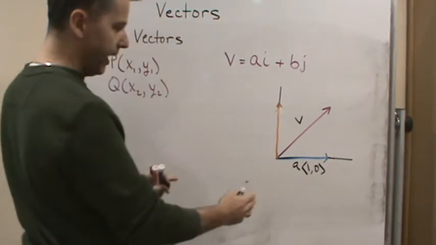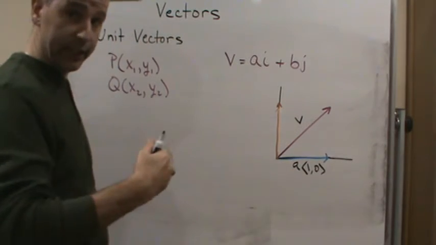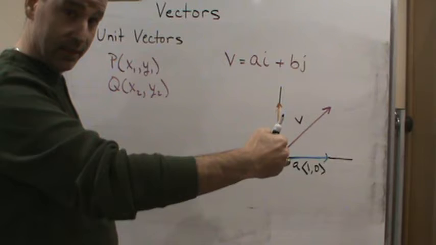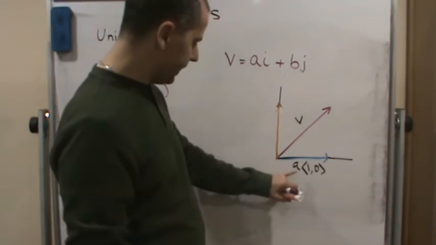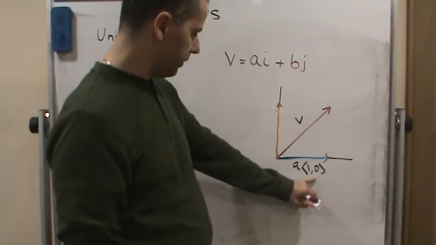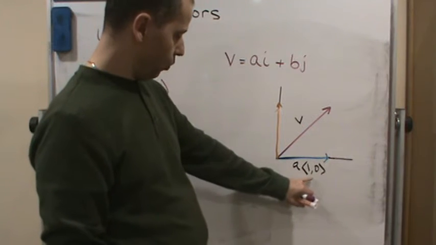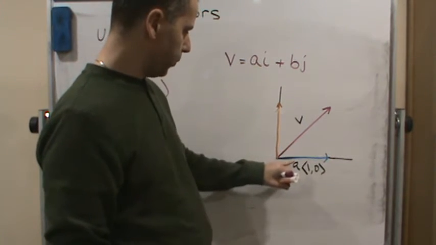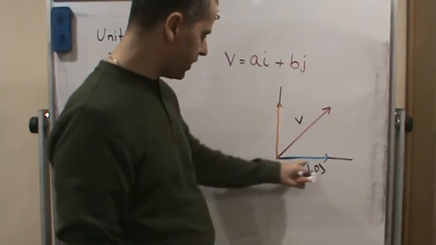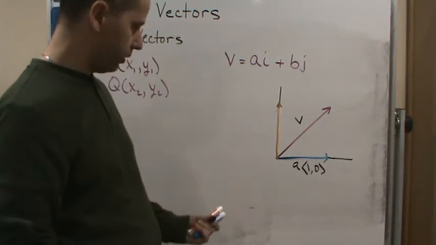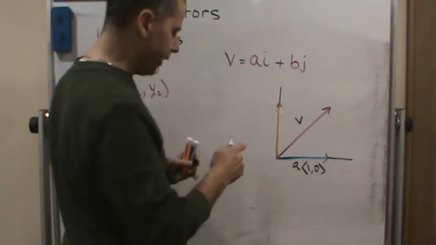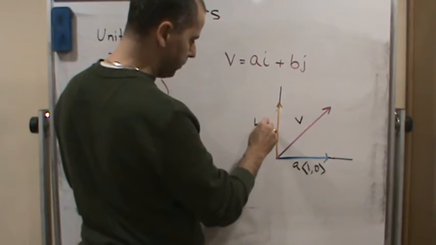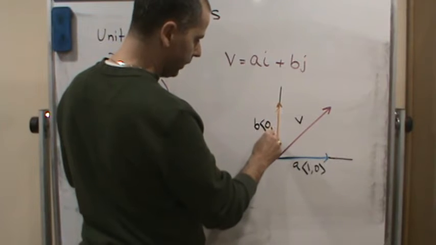A scalar multiple changes the length of the vector but keeps the direction. So I can take any scalar multiple of i, which is 1, 0, and I can get this particular component vector. And likewise, I can get this component vector by doing some scalar multiple of 0, 1.